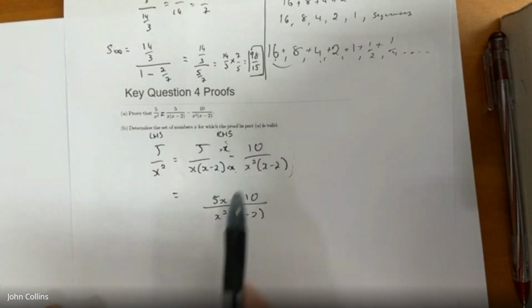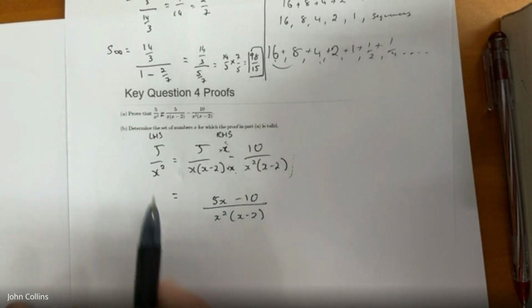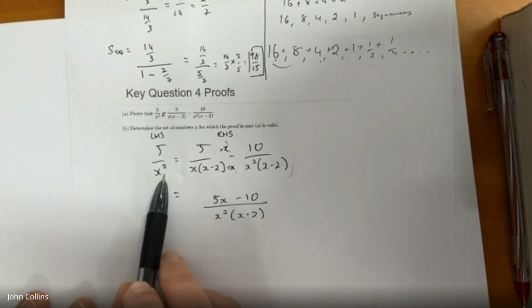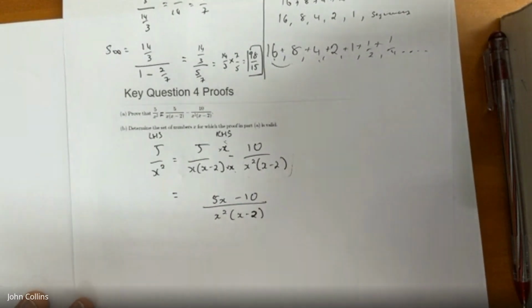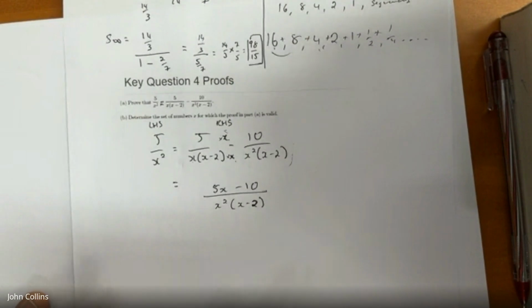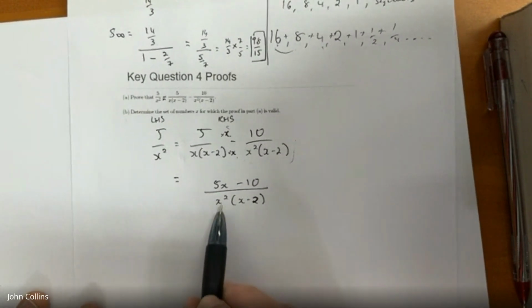Now I can combine them. So 5x minus 10 on top, and this is the common denominator. I need to make it look like this, 5 over x squared. I have an x squared. The x minus 2 needs to go away. How can I get rid of it?